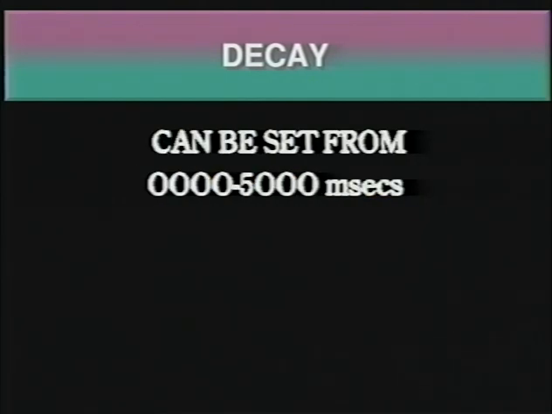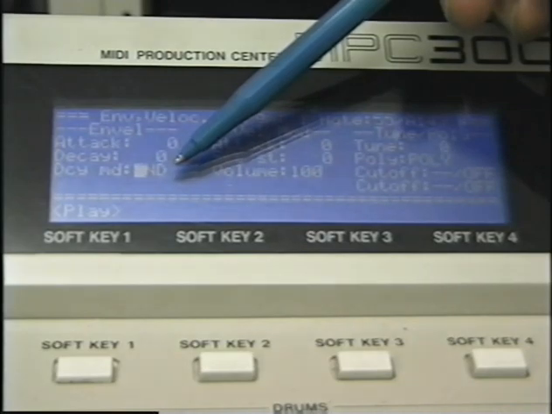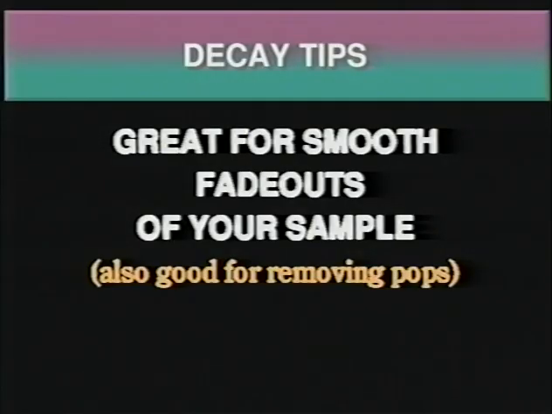This too can be set from 0 to 5,000 milliseconds. The decay MD field is used for setting 2 options: the start decay and the end decay times of your sample. This is useful for creating a smooth fade out just before the end of a sample sound.